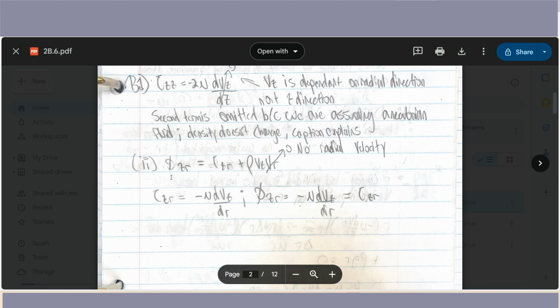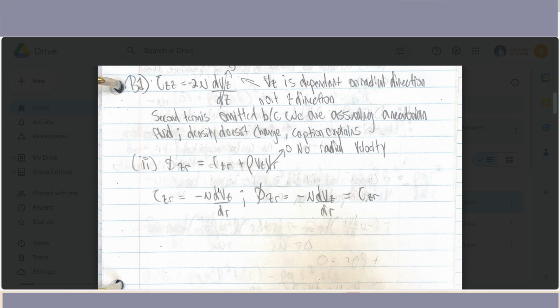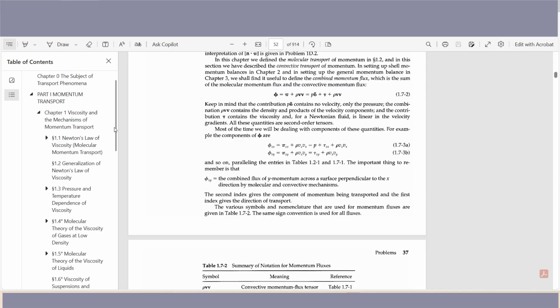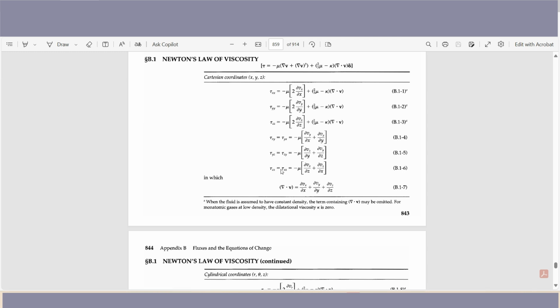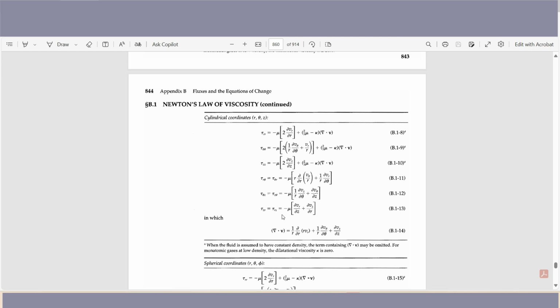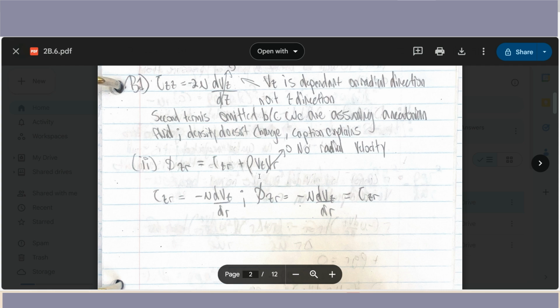And so momentum flux in the zr direction equals tau zr, which equals negative mu dvz dr. That's because if we go to table B1, tau zr equals negative mu times dvr dz plus dvz dr, and there's no velocity in the r, so this term goes to 0. So tau zr is just negative mu dvz dr. So that's where we got that.